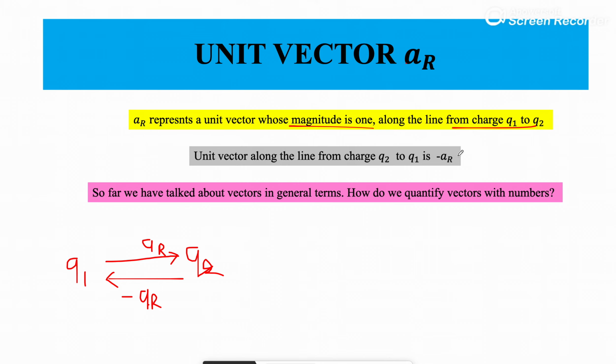Now we will quantify vectors with numbers using coordinate systems, or using vector analysis, in our coming lectures. Okay, thank you for this lecture.